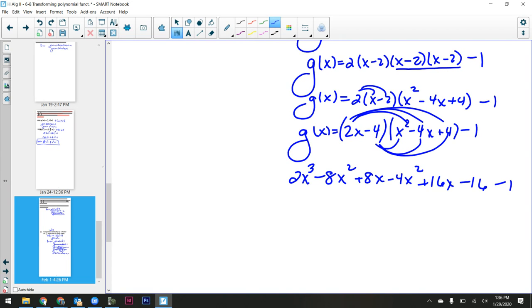Don't forget about the minus 1 that was sitting out there in the end. Just double check my answer. 2x to the third minus 8x squared plus 8x, negative 4x squared plus 16x minus 16. Okay, good. So therefore we have final g of x is 2x to the third minus 12x squared plus 24x minus 17.